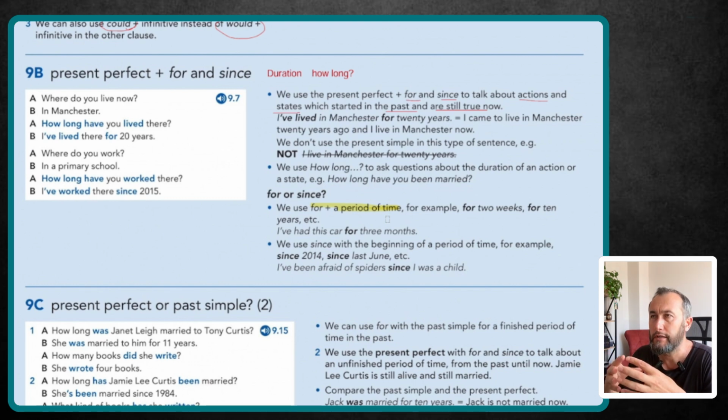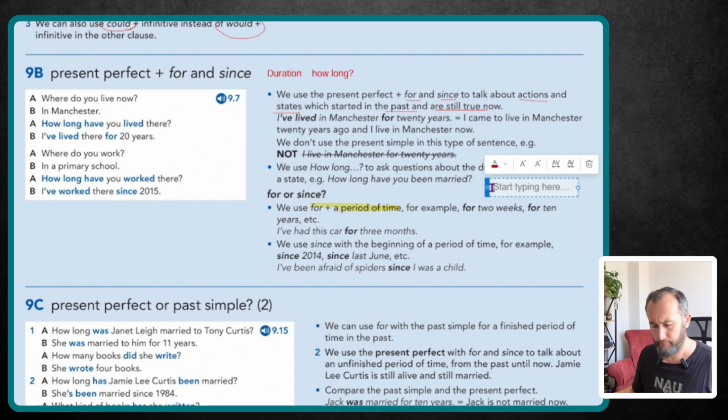Something countable, or something that shows a period of time, like a long time. For a long time, or for ages. That's also very common. For ages, it means for a long time.